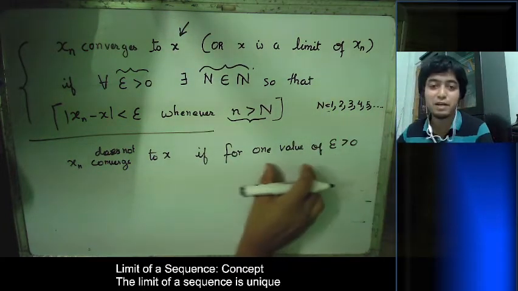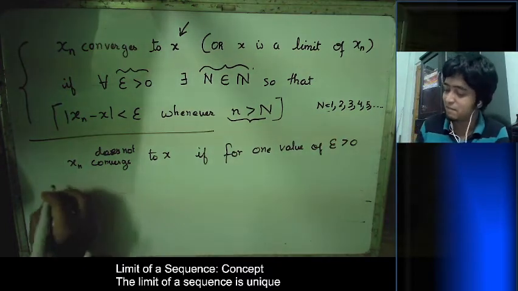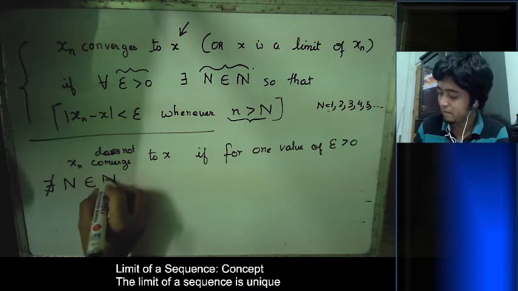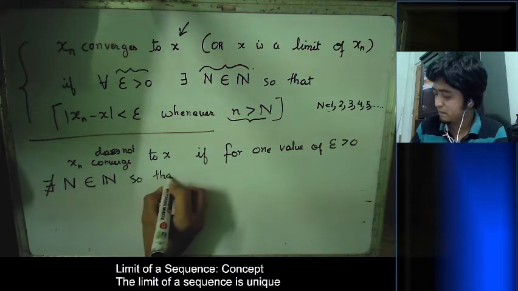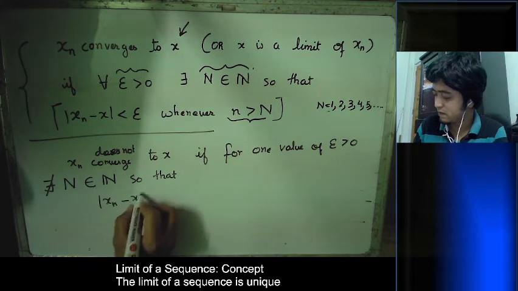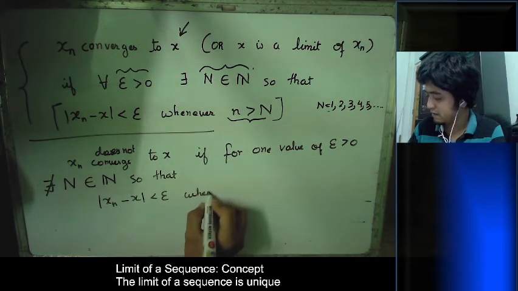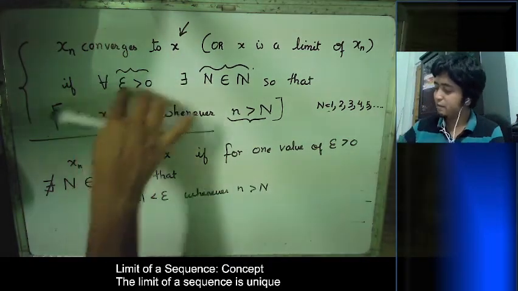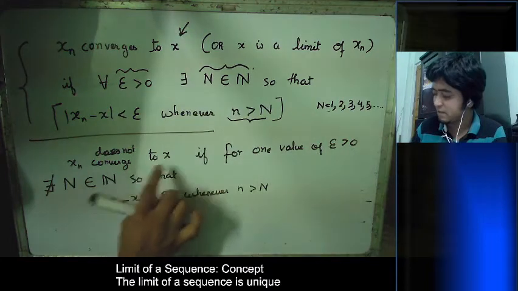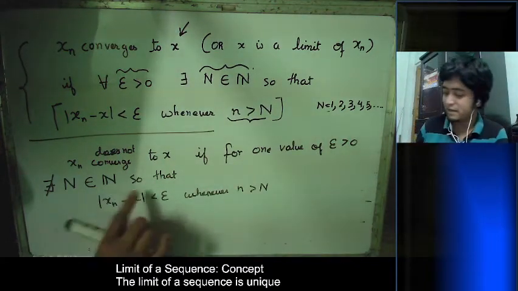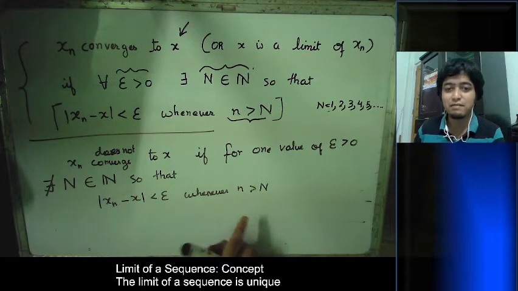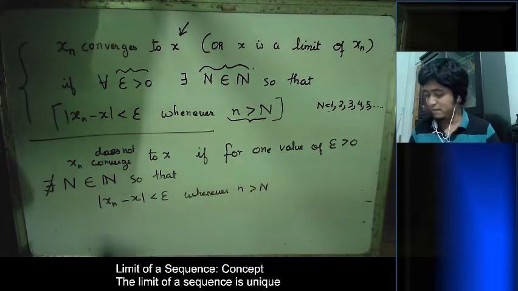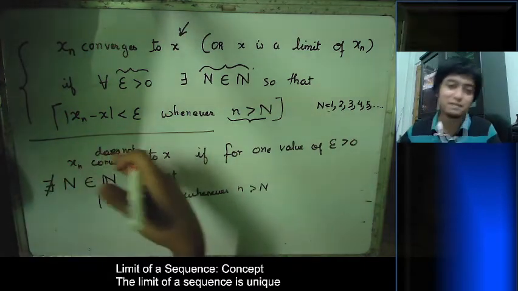That is, you just need a particular value of epsilon greater than 0 for which there does not exist a natural number N such that whenever n is greater than N, the inequality holds. So if it converges, then for every epsilon we can give a natural number. But it does not converge to x if for one value there does not exist such an N. So this is when it doesn't converge to x.